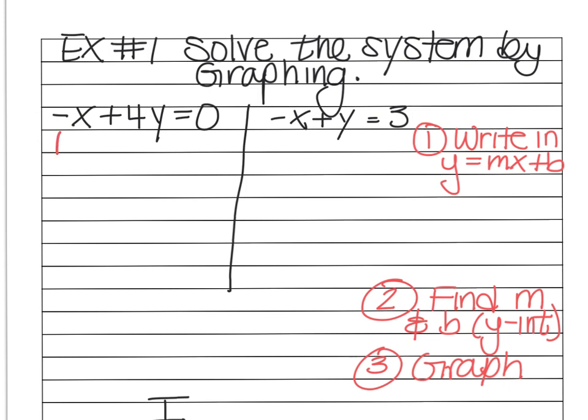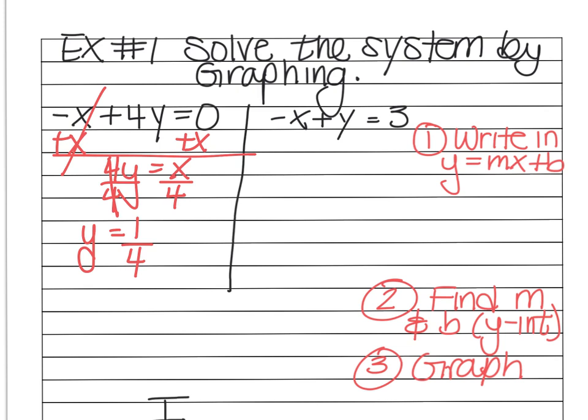So I'm going to add x to the other side. I have 4y equals x, and you don't have to write plus 0 because 0 plus x is x. And then you're going to go ahead and divide by 4. I'll have y equals, and I'm going to make it 1/4 x.